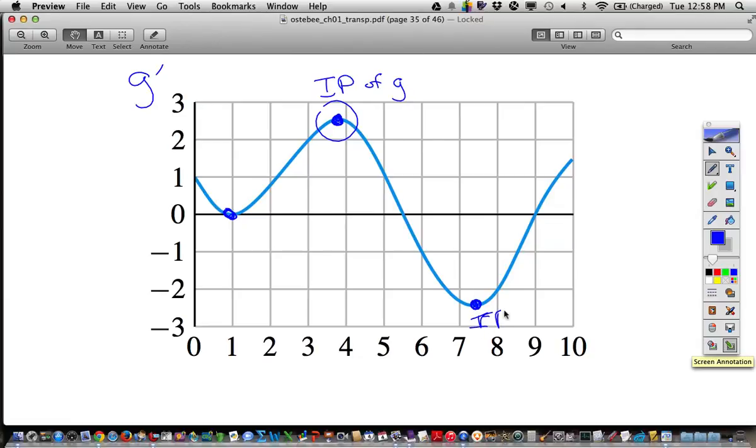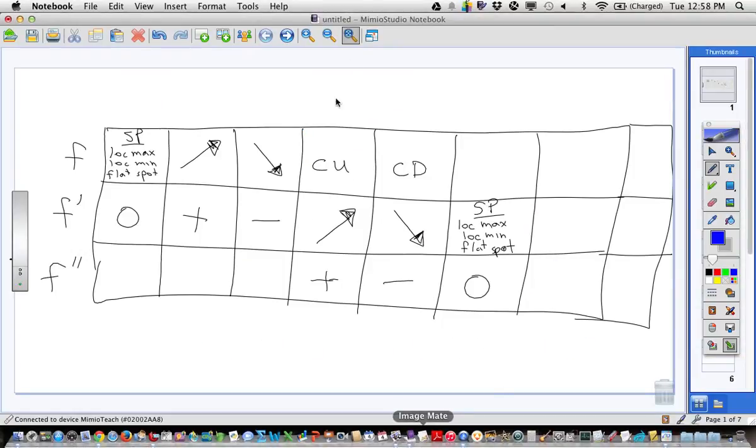Right? Now why was that? Well, that was because G prime was going up and G prime here was going down. Well, if we go back to the chart, when G prime goes up and then down, G switches concavity. So when we have a local max or a local min of F prime, we seem to get an inflection point.